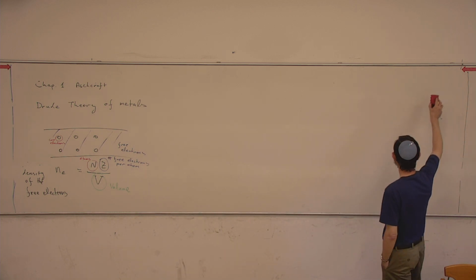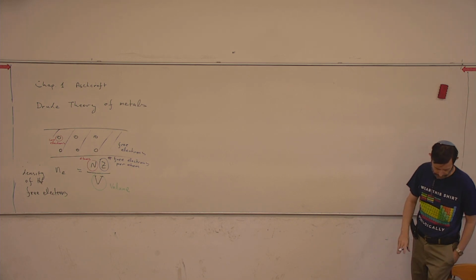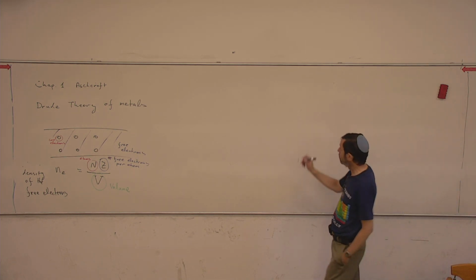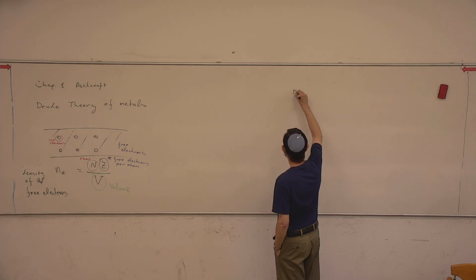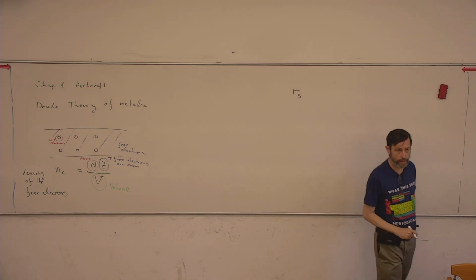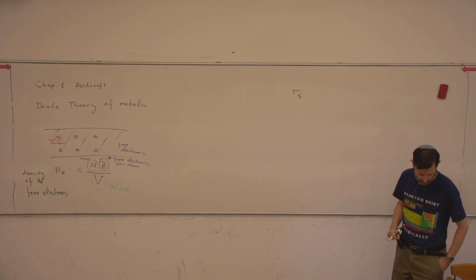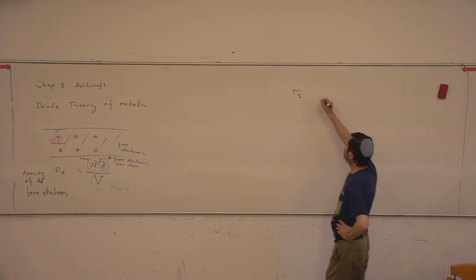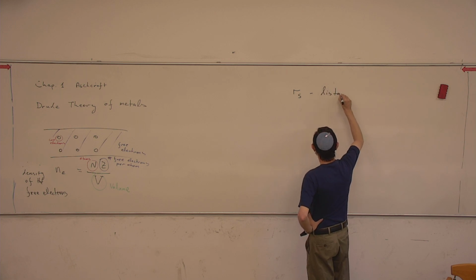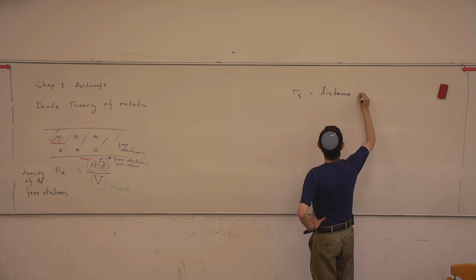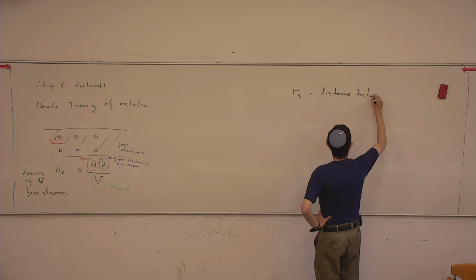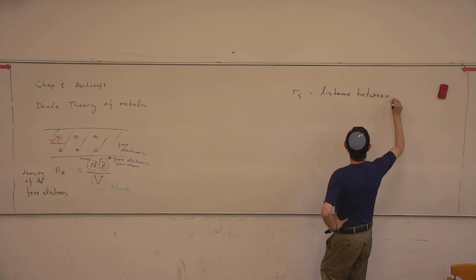I want to define another quantity, which is rs, which is the distance between electrons.